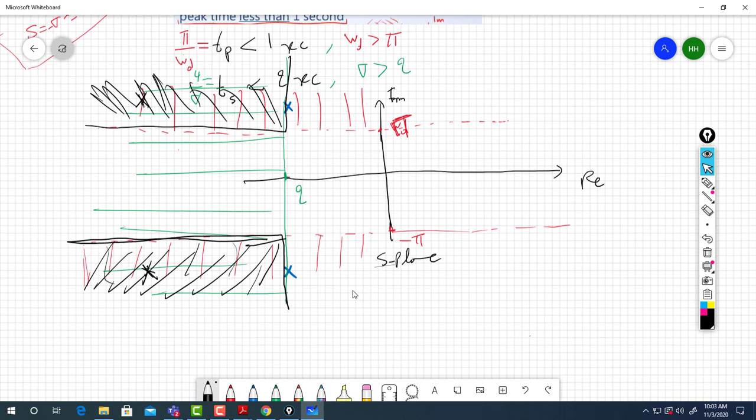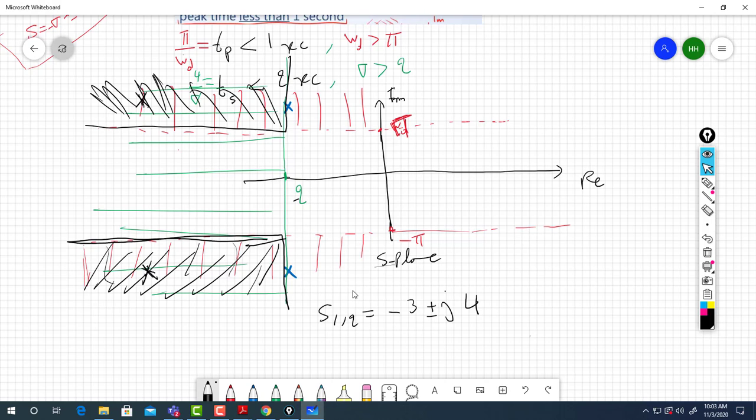So now you can choose the pole arbitrarily. For example, I choose my poles s1,2 equal to -3 plus or minus j4, because 4 is bigger than pi.